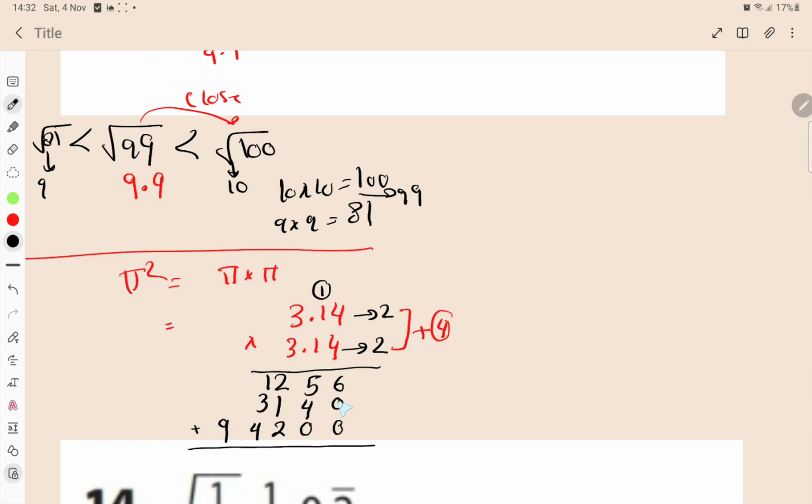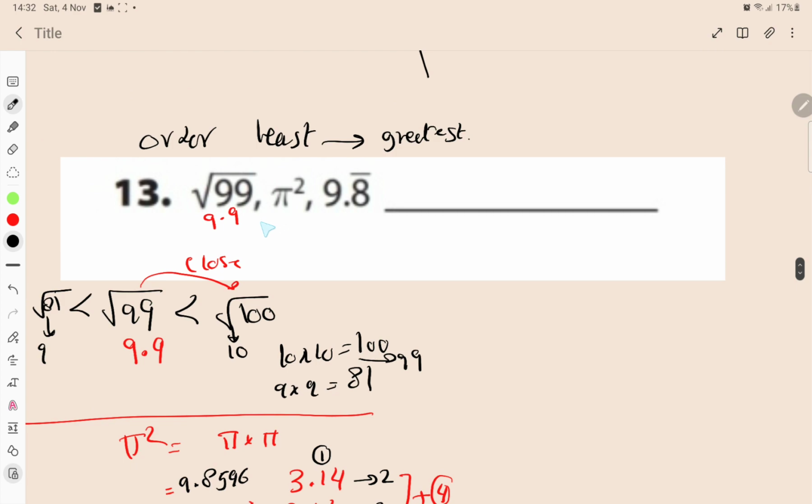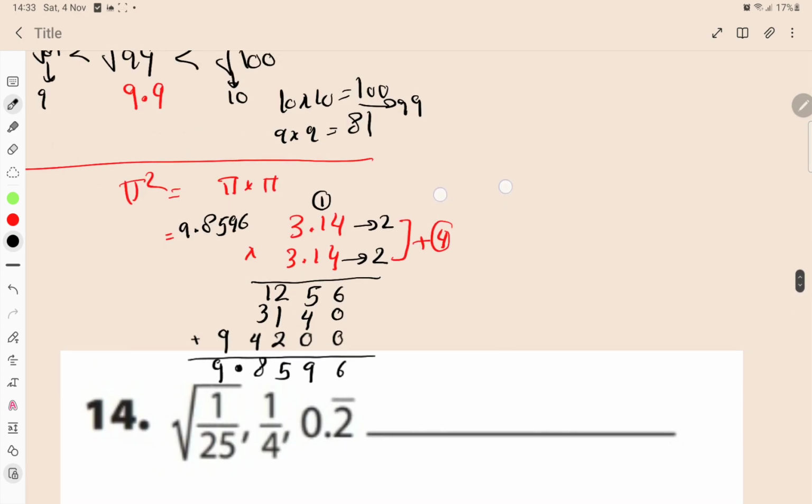Add 6. 5 and 4, 9. 2, 1, 2. 3 plus 2 is 5. 1 plus 3 is 4. 4 plus 4 is 8. So it is 9, 8, 5, 9, 6. And we said the answer must have 4 decimal places. So 1, 2, 3, 4. So the answer is 9.8596. This is pi squared.